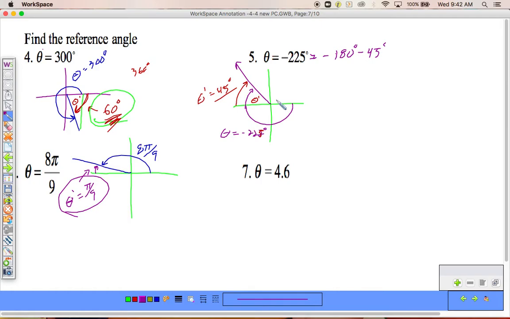This is in radians. My theta is 4.6 radians. I want you to find the reference angle. So somehow we have to be able to graph the angle 4.6 radians. Pause it if you want to give it a shot.